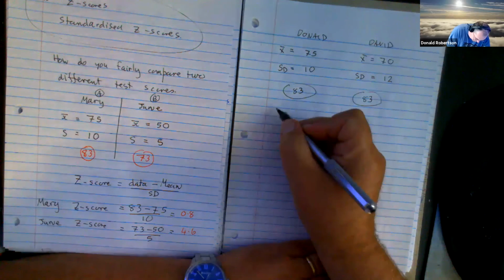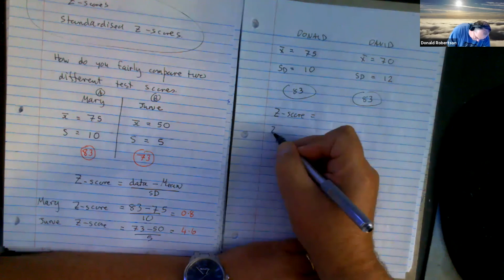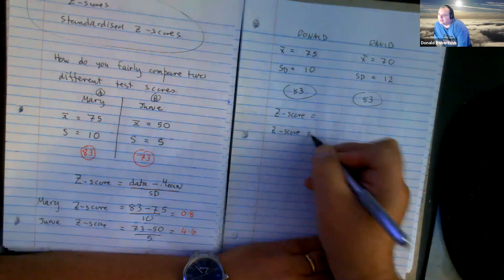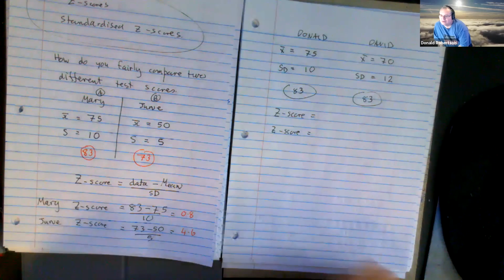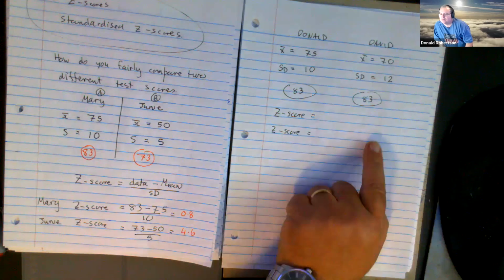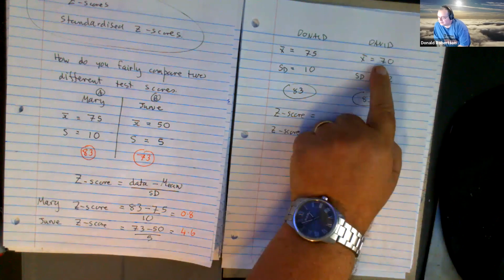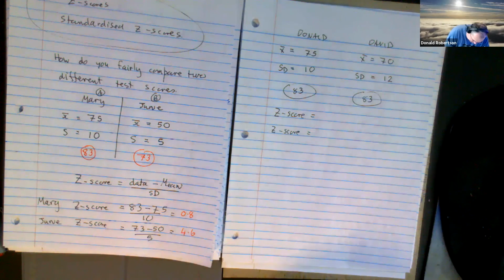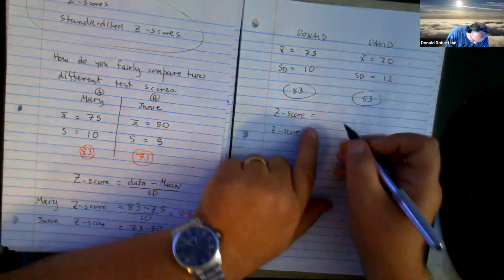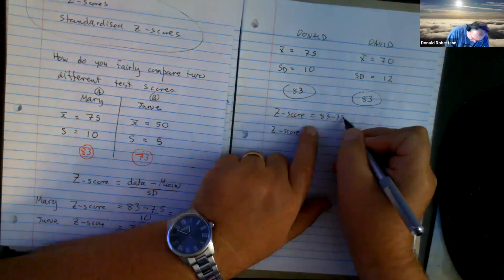When you looked at the data, was it kind of hard to decide? Or did some of you think it was more likely to be David because the average was lower? Let's find out. It's going to be data, take away the mean, divided by 10.